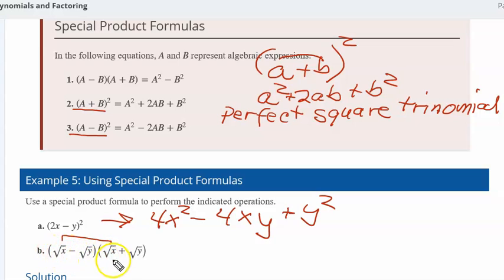We do the first and then the last, and it's going to be the difference of squares. But this becomes the square root of x squared, which just becomes an x, and this one's the square root of y squared, which just becomes a y. And again, we've done this before, so hopefully a quick review. Let's go on.